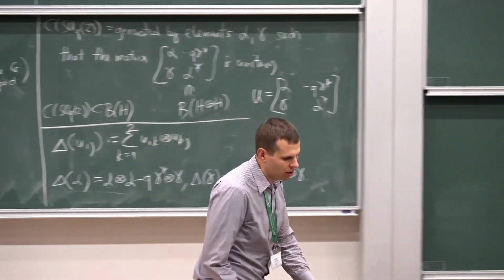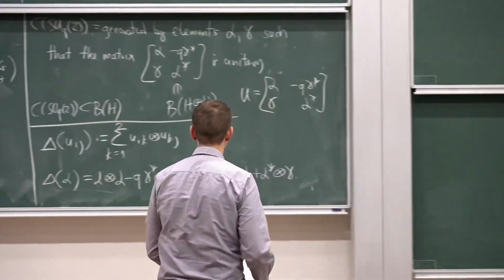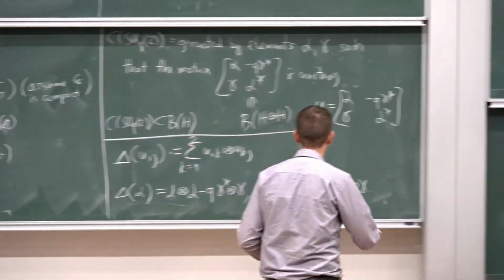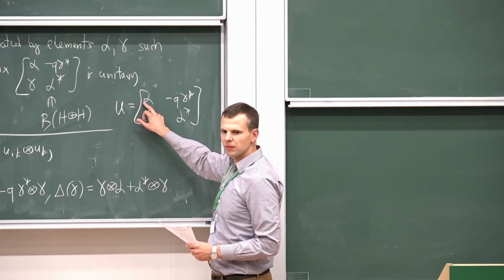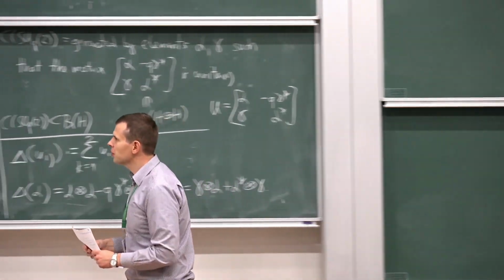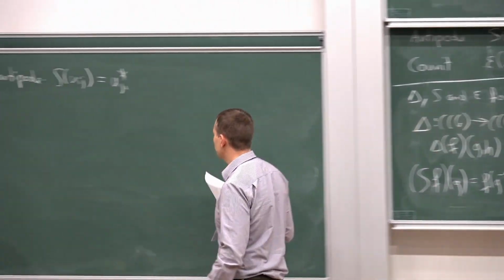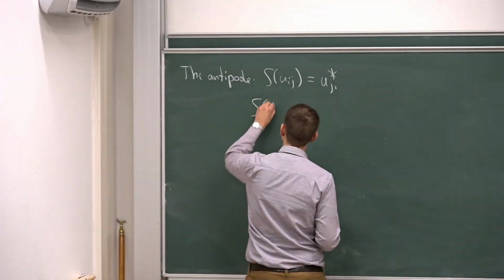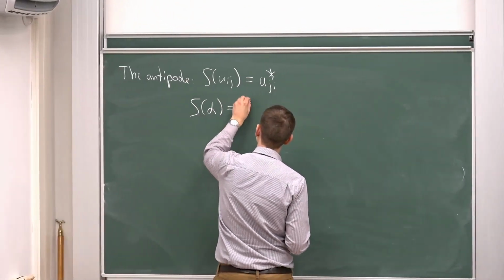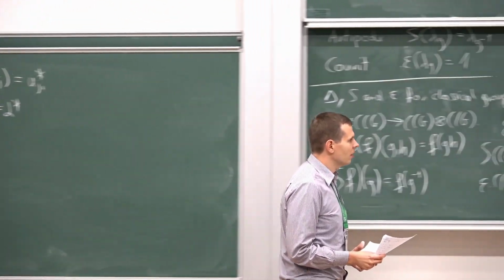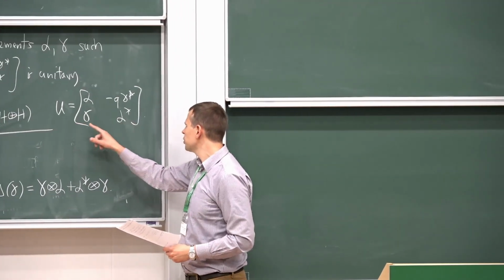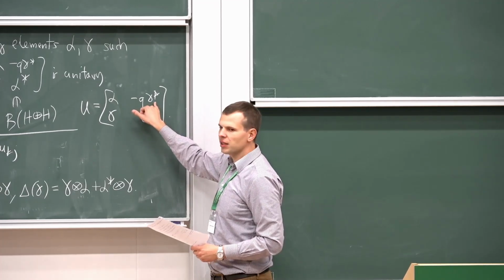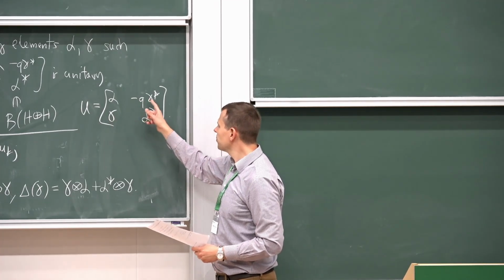Okay, and then what does it give us in our case? Alpha is the 1,1 entry, so S of alpha should be alpha star, because it's the same entry, but you apply the star. And then S of gamma is the 2,1 entry, so you should get the 1,2 entry and take the star. So S of gamma is minus q gamma.